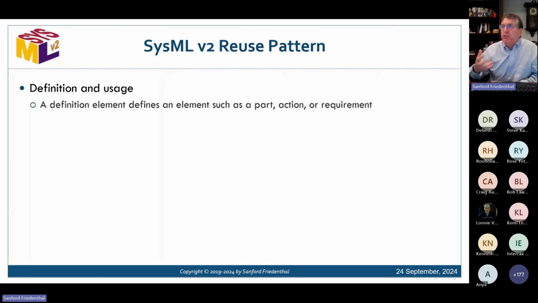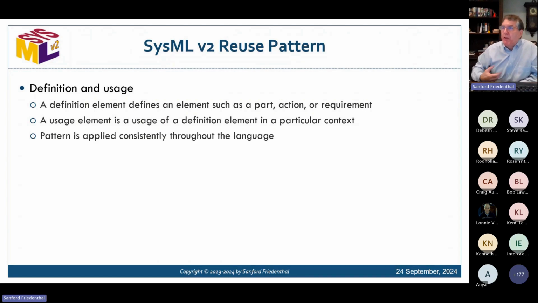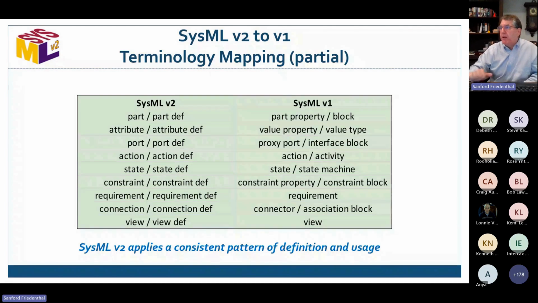It's foundational to the language. Virtually all concepts in SysML v2 have a definition and a usage construct. So again, you can define things once and use them many times. A really important reuse concept. And this pattern is applied very consistently throughout the language, which really helps with usability and with automation and other aspects.